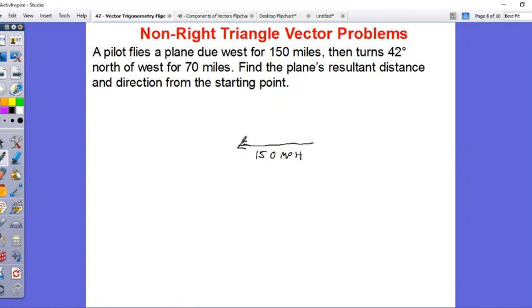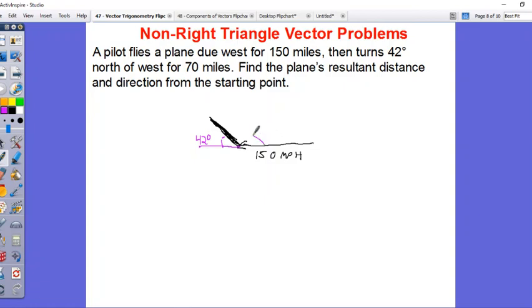So check your own for your application, but 42 degrees north of west means that this angle right here is 42. That's not 420, it's 42. This angle is 42 degrees.